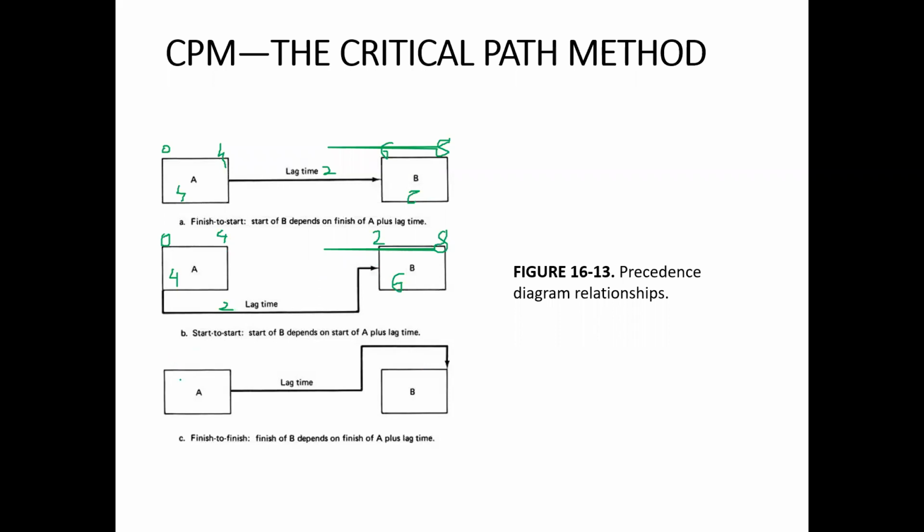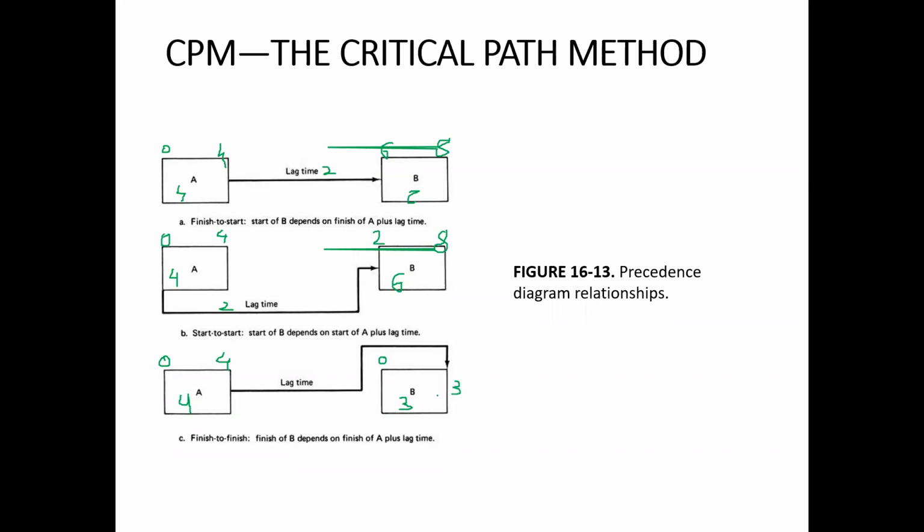So if activity A is say for 4 days, it will start at 0 and then it will finish at 4 days. Now activity B is say for 3 days. Okay, now for activity B, there is no restriction at the start, so activity B can also start at 0, and activity B can finish at 3.